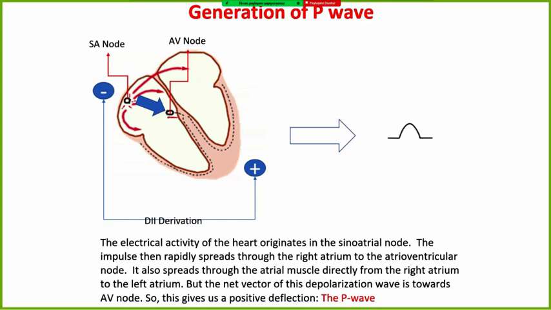And it also spreads through the atrial muscle directly from the right atrium here. The net vector of this electrical activity is shown here. So this is a depolarization wave propagating towards the positive electrode, so we see a positive wave in the ECG recording.